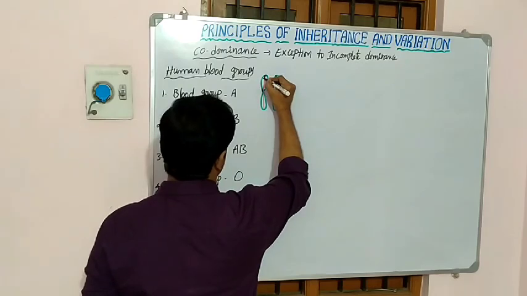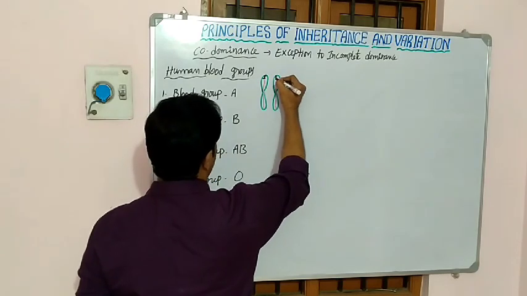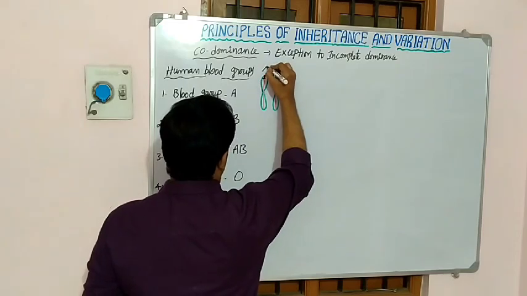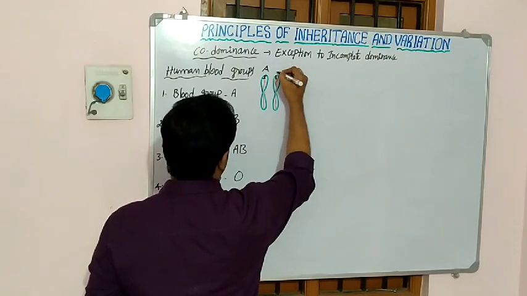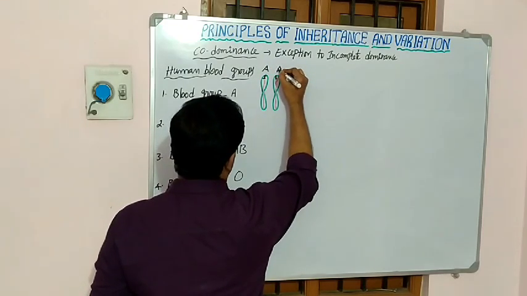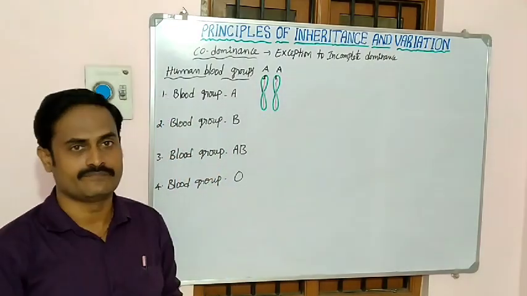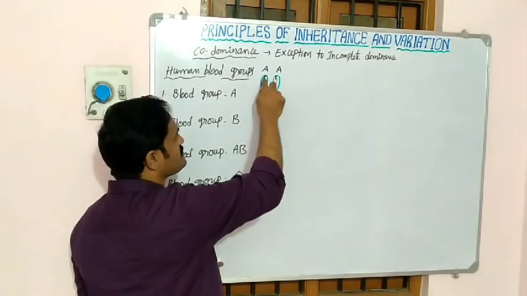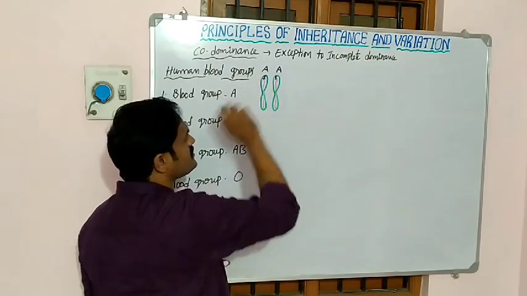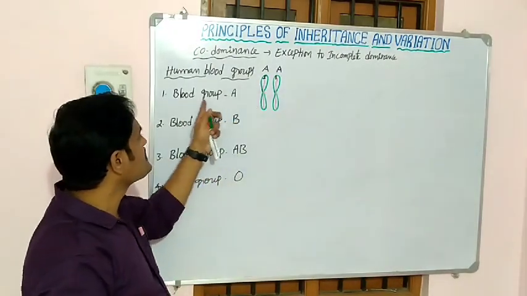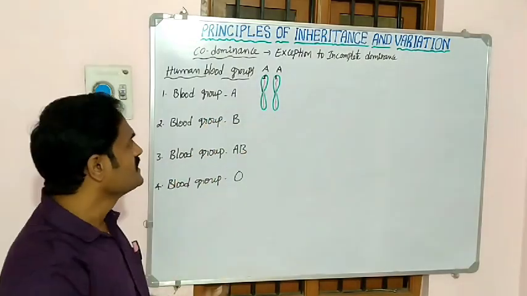This location consists of A allele. Both consist of AA. So here also allele A, here also allele A. This kind of chromosomes are seen in the blood group A.